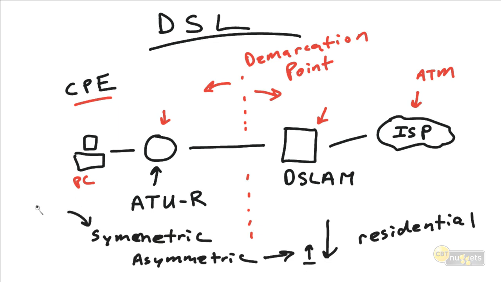Business class, as it's often marketed, business class DSL is symmetric DSL. Sure enough, the uploading and downloading speeds are relatively equal, and they're both relatively fast. You can see how that would be more important in a business type utilization of DSL technology.